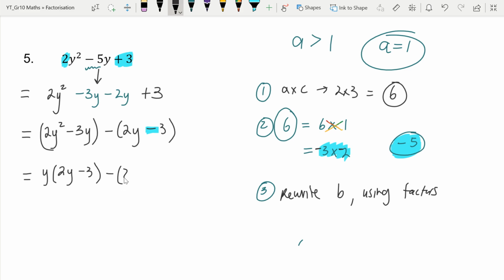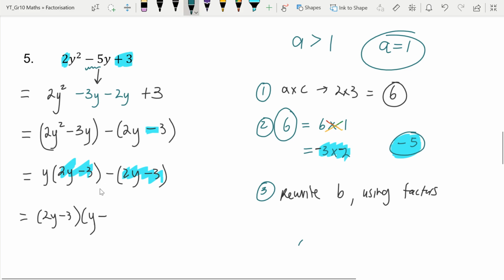There isn't a common factor for this one over here, but now these brackets are the same. So we take out that common bracket, and left in the first term is a y, and left in the second term is not nothing. Remember that imaginary coefficient over there, and there we factorized that. And if we use FOIL to multiply it out, you'll see that it gets us back to the trinomial where we started.